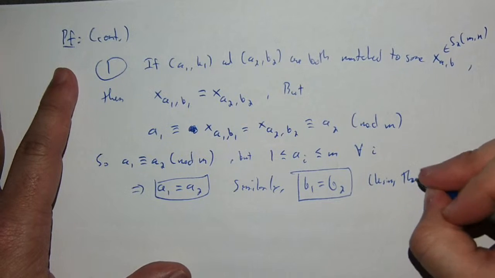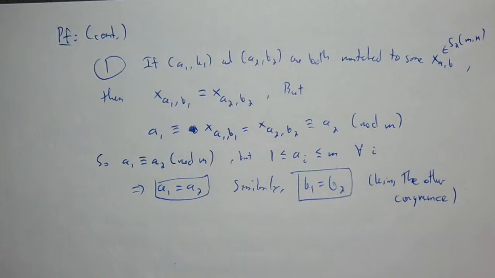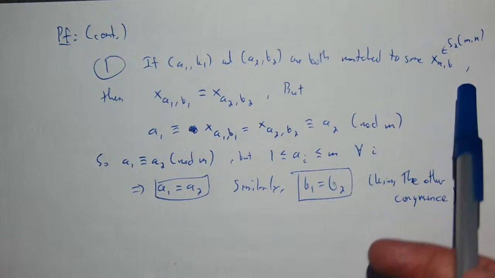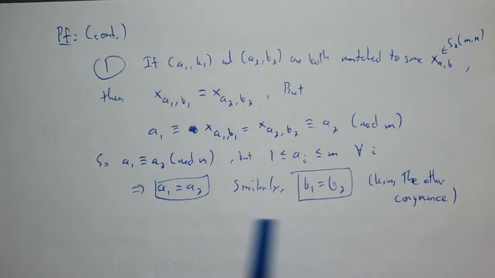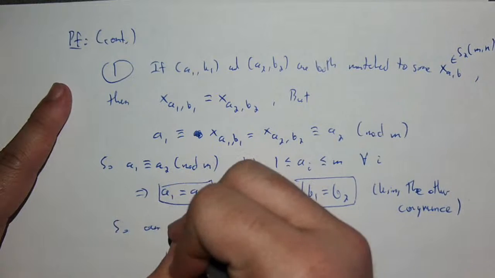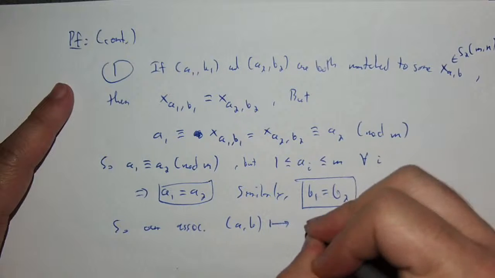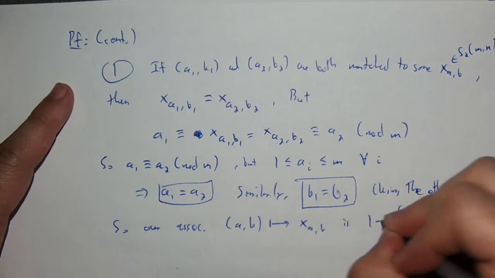And so this answers our question, can two distinct ordered pairs be matched to the same x sub ab? The answer is no, because it turns out they weren't distinct ordered pairs. They were actually the same. So that mapping that we have created is one-to-one, or injective. So our association that maps (a, b) to x sub ab is one-to-one.